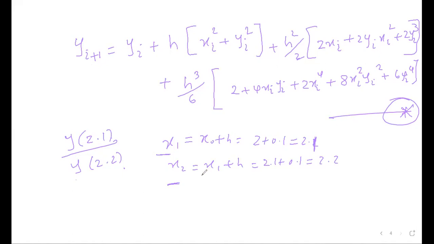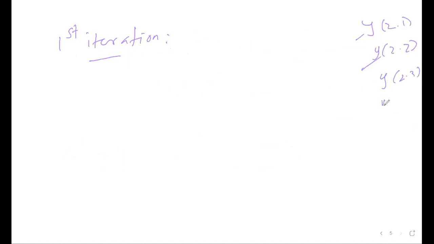So let me start our first iteration using this main equation. According to the question, in this example they only ask y of 2.1 as well as y of 2.2, so we have up to the second iteration. There may be more than that. If they ask for more, you have to go up to that.